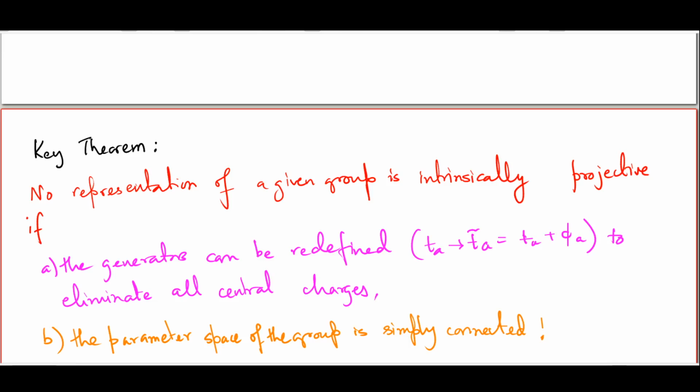In the next section, what we are going to do is give a proof of this particular key theorem. This actually is in an appendix to the second chapter in Weinberg's book. It involves a bit of non-trivial mathematics, but delving into this would also clarify for us ideas about Lie groups and their composition rules, as well as some amount of algebraic topology, at least the part we need.